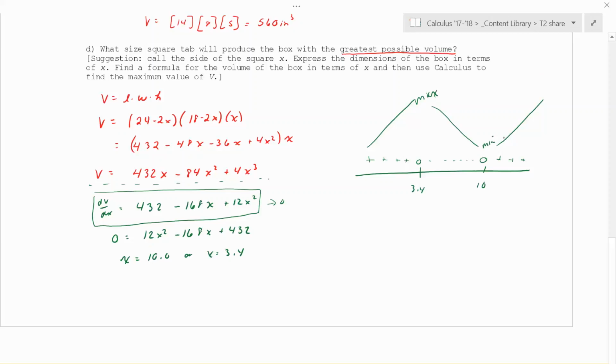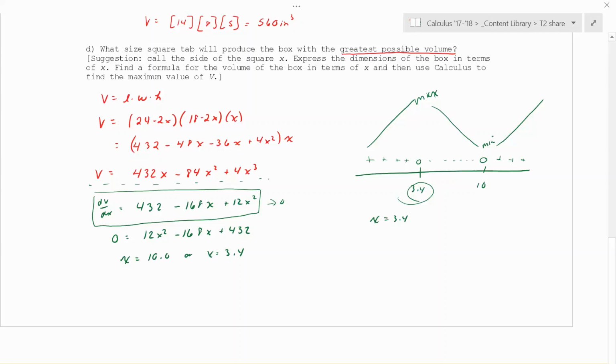So my maximum volume is when x equals 3.4. So my max volume, x equals 3.4. A minimum would be at 10. We'll come back and look at that in a second for why that is.